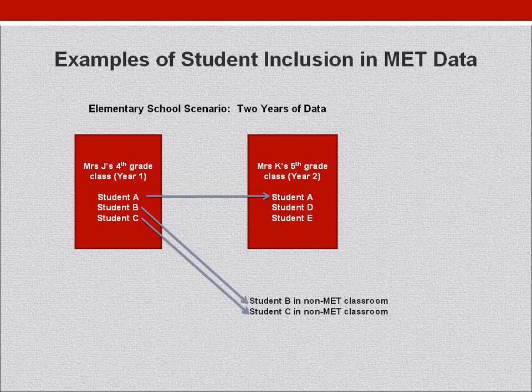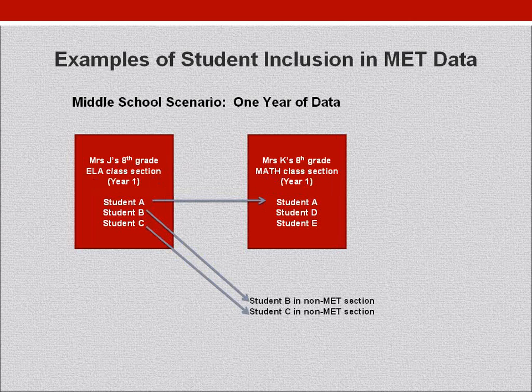In year 1, we're studying Mrs. J's 4th grade class, and students A, B, and C appear in the student by section data. In year 2, we study Mrs. K's 5th grade, and lo and behold, student A appears in that class section as well. However, students B and C are in non-MET sections, and so they're out of the study, and these new kids, D and E, come into the study.